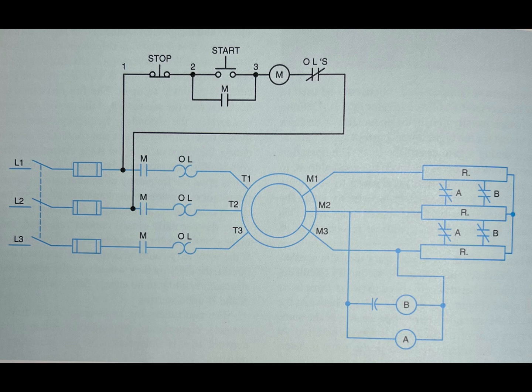As the motor continues to accelerate, coil A drops out and closes contact A, accelerating the motor further. Because the normally closed contacts are used, the secondary of the motor cannot be shunted out completely.